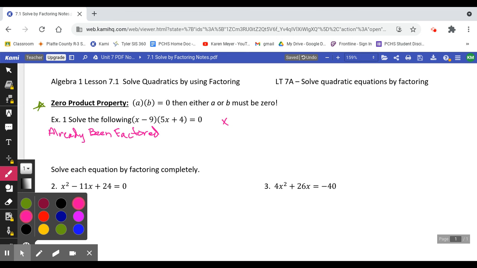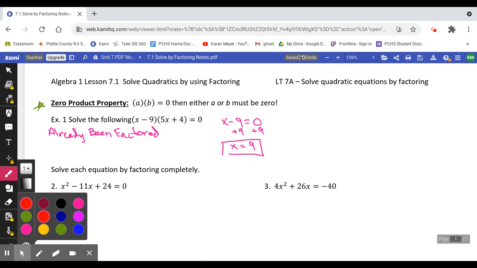You're going to say, okay, what does the first parentheses have to equal so that I get 0 as an answer? So I just take the first parentheses, set it equal to 0, move the 9 over. So I would say x equals positive 9. Because positive 9 minus 9 gives me 0.